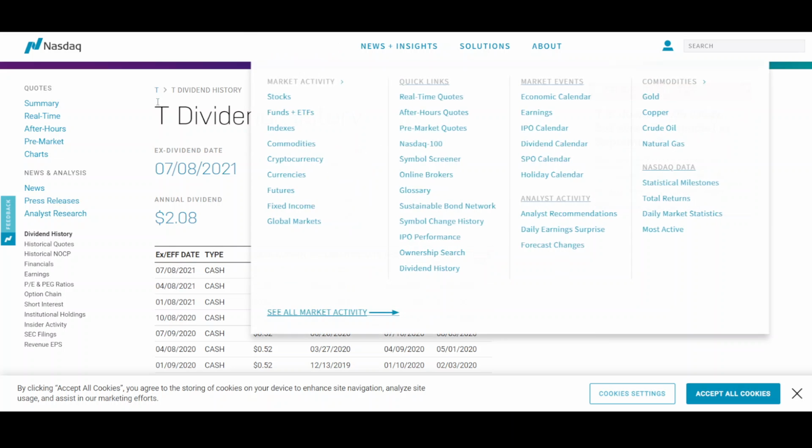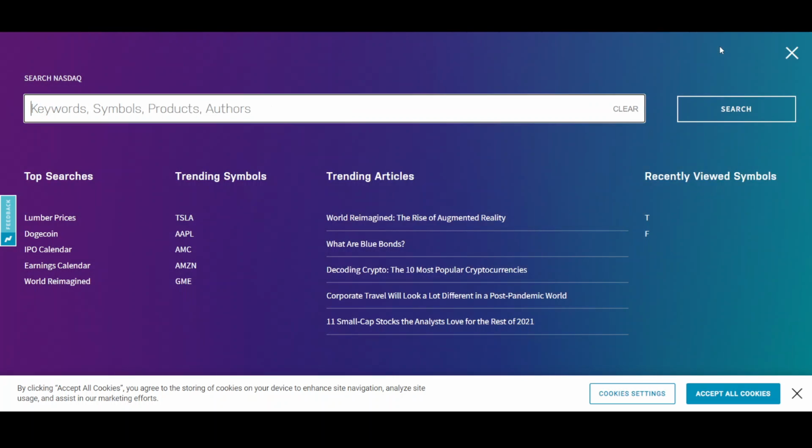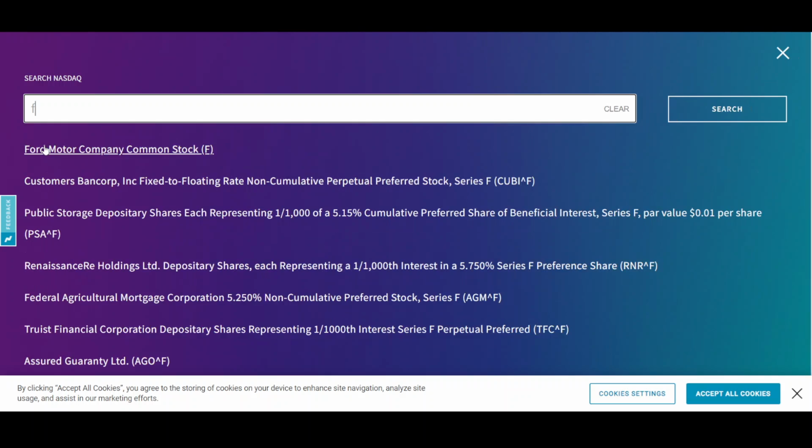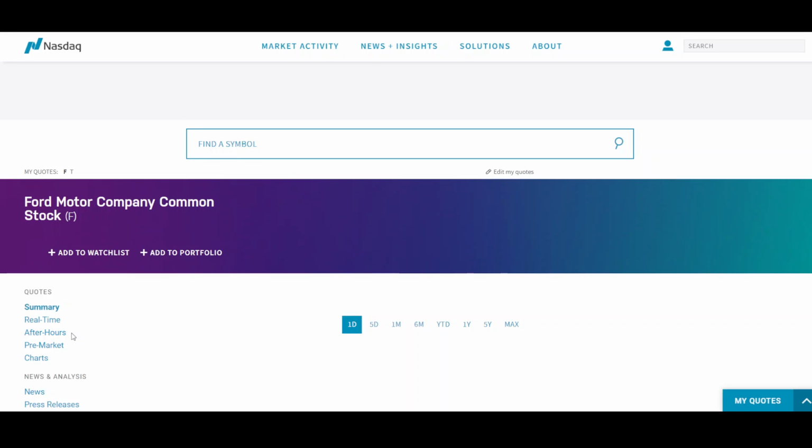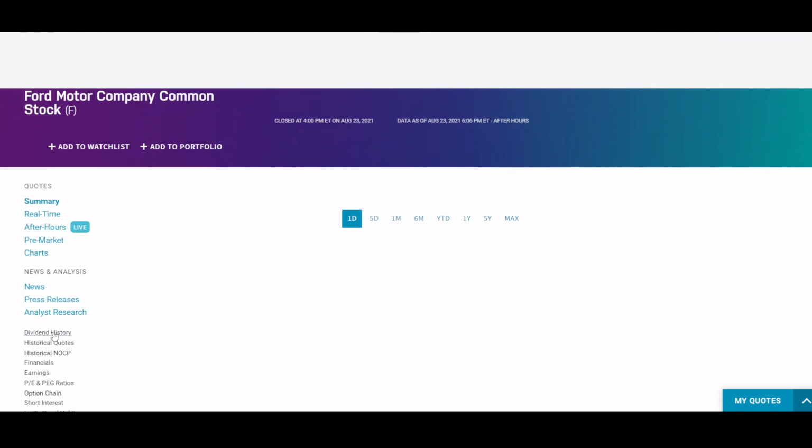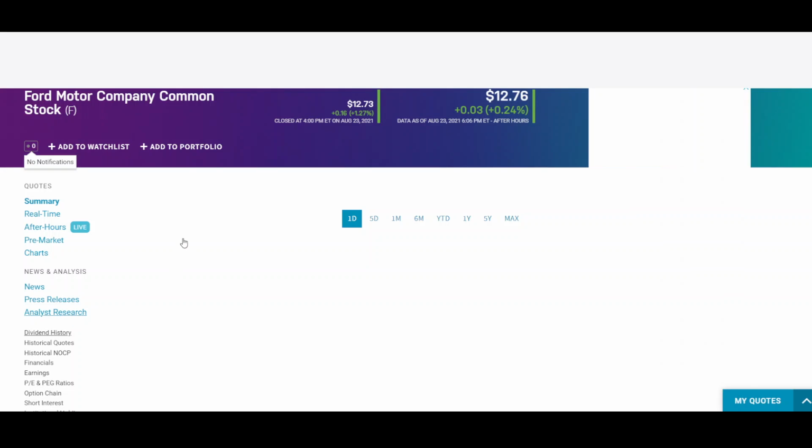So let's come over here, and let's look at any risks we might have. So we're going to come into our ticker symbol for the stock we use. And we're going to come over here. We're going to click dividend history.